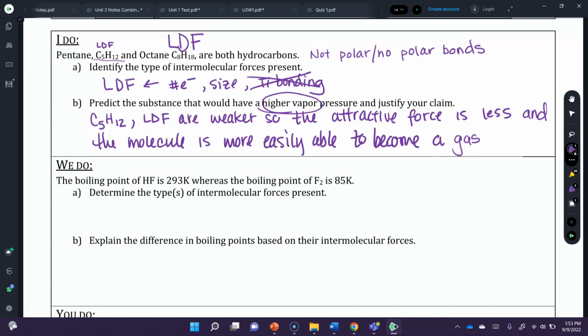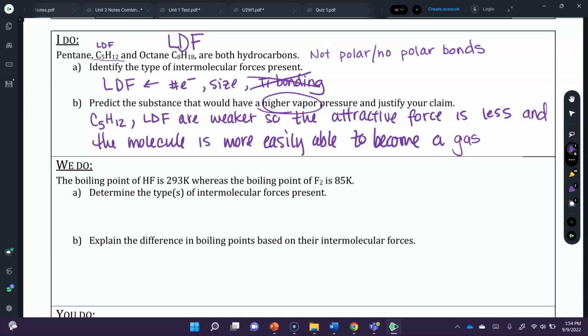That's because a little bit of it at a time does go into the gas phase, and that's part of its vapor pressure. Okay, so because the London dispersion forces are weaker, the attractive force is less, so they don't stick to each other as much. So the molecule is less polarizable and more likely to go into the gas phase. It'll become a gas more easily. You don't have to overcome those intermolecular forces to make it a gas.